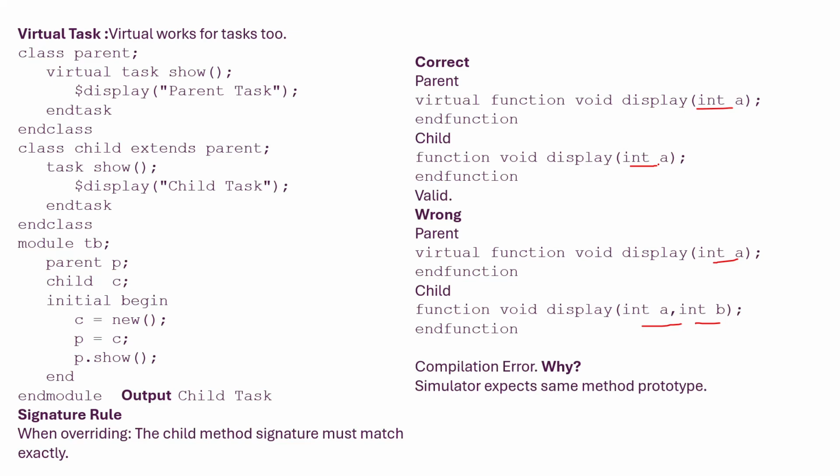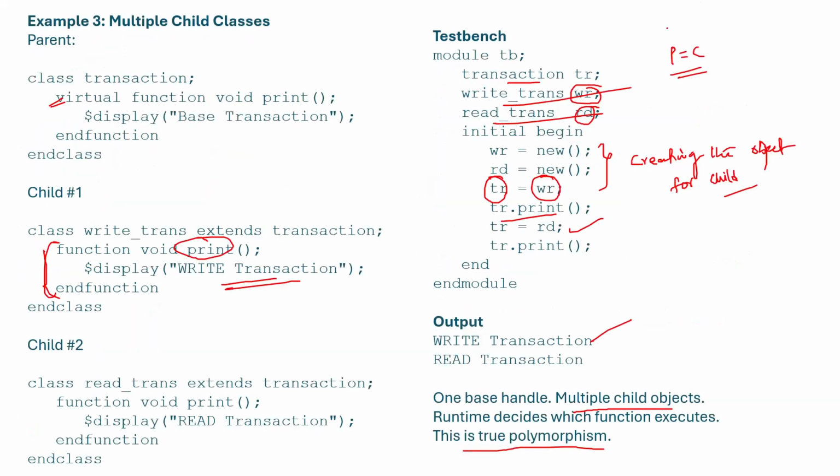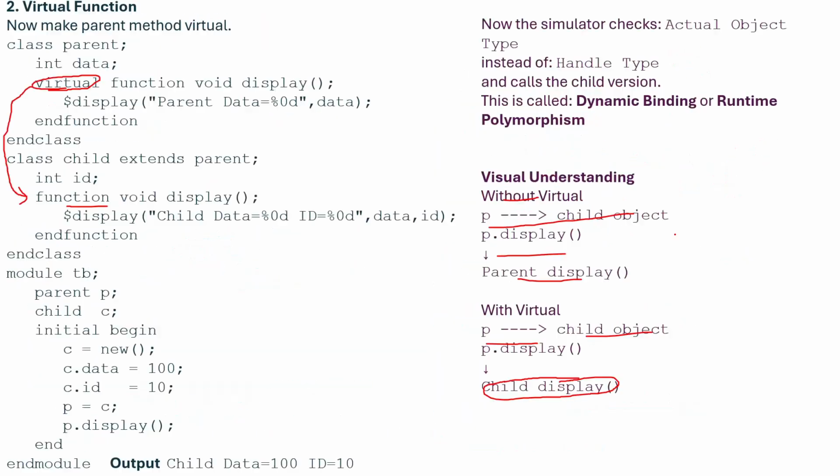At that time, we see a compilation error because int b is not there in your parent class. If you want to add it, you can add it in the child class. Here you are having int data and int address, ID is there. In your child class, you can call both data and ID.